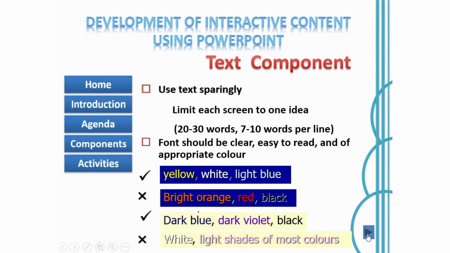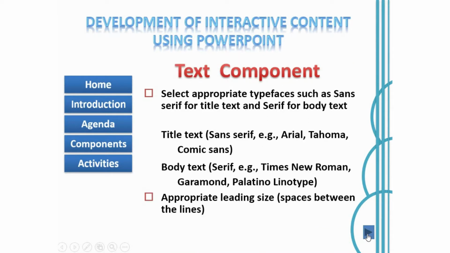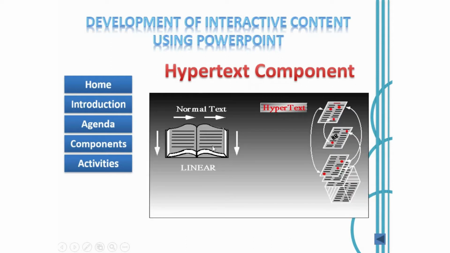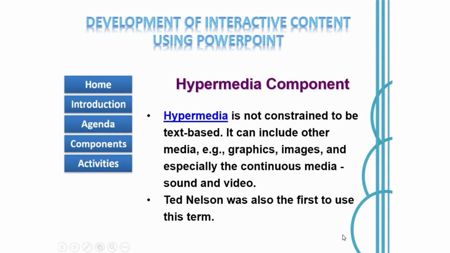Here also you can go to the next component and next screen by clicking. Here there is a hyperlink available. Once you click on this hyperlink, it will move to the next page and you can come back to the original place also. So like that you can build up navigation, hyperlink, hypermedia and everything in this PowerPoint presentation.